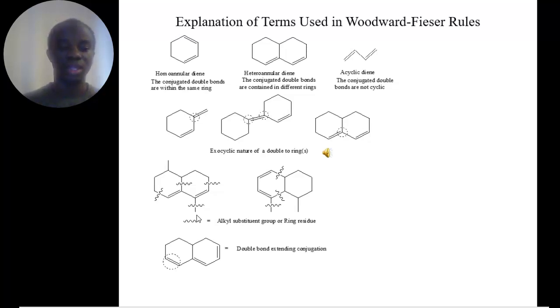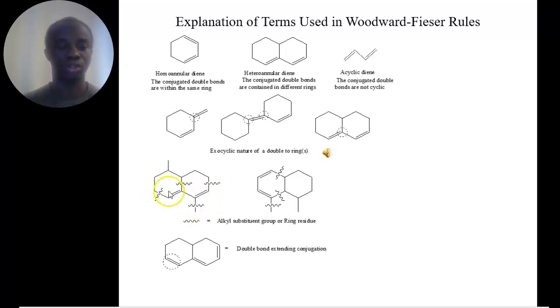Anything that is a ring residue or an alkyl substituent must be an sp3 carbon that is directly attached to the conjugation system. Most times people use them interchangeably, but make sure that the sp3 carbon you are considering, either as a ring residue or an alkyl substituent, is directly attached to the conjugation system.